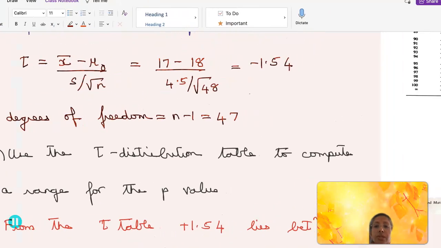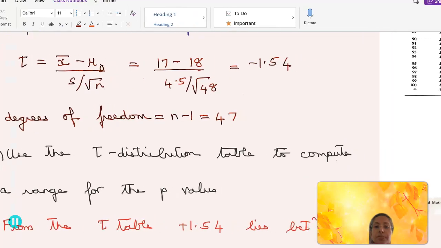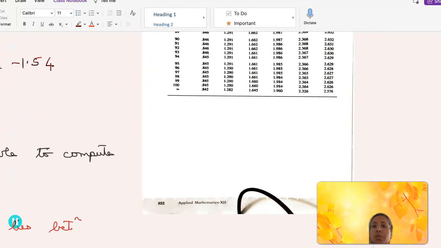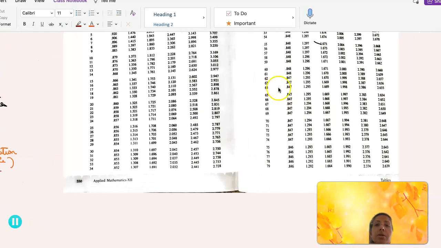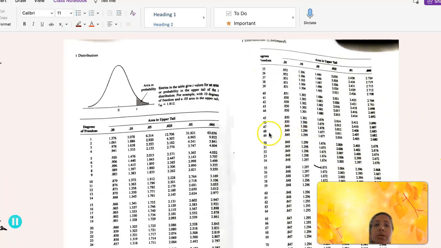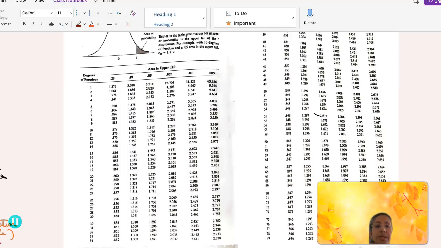So going to the t distribution table here, we have 47 here and 1.54 will lie between 1.300 and 1.678, that is between 0.05 and 0.10.